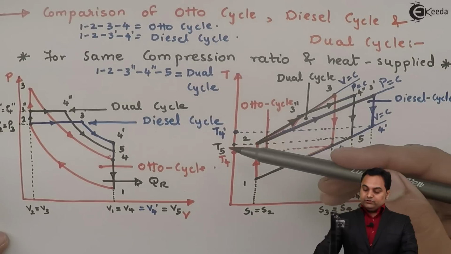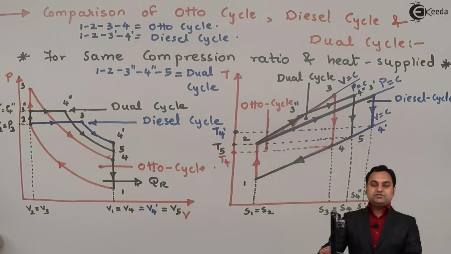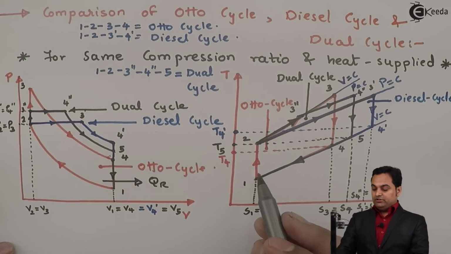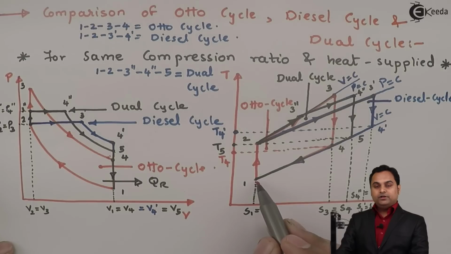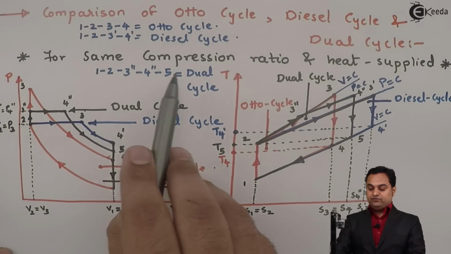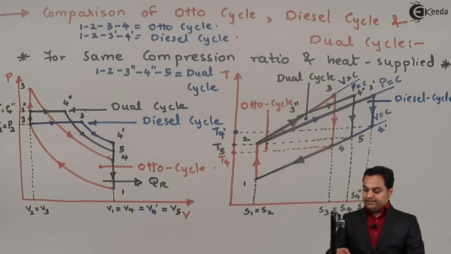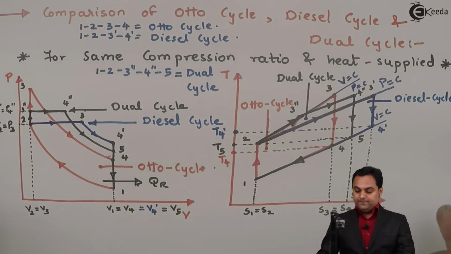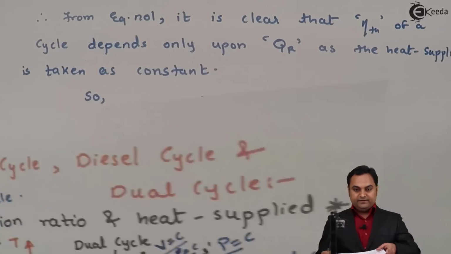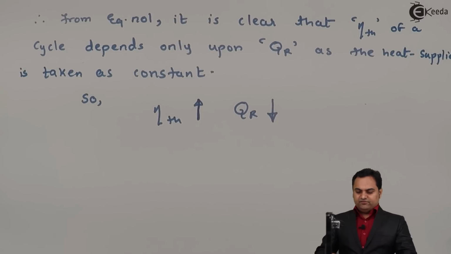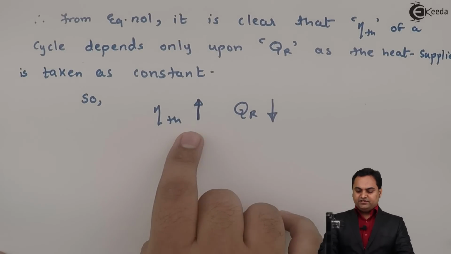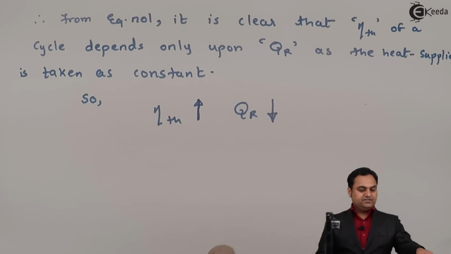So for the three cycles, the temperature at which the heat is rejected is different. Now T1 is common because we have assumed the same compression ratio, so the initial condition is same. So here, thermal efficiency will increase if the heat rejection decreases.